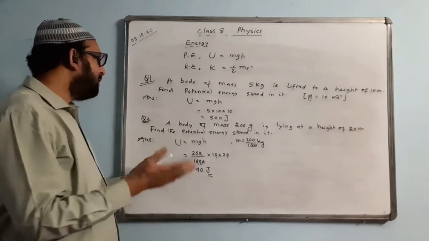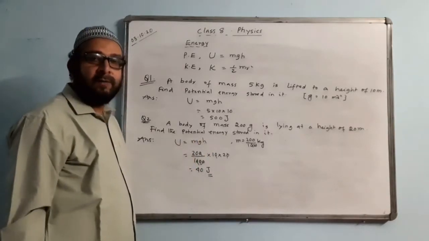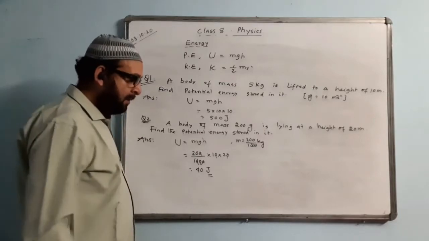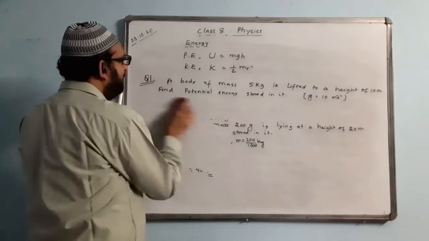Question may come the other way also. Energy is given. Many such things can be unknown and you will have to find the value of that. So take another question. It is like this.